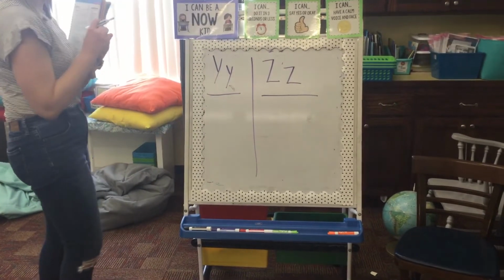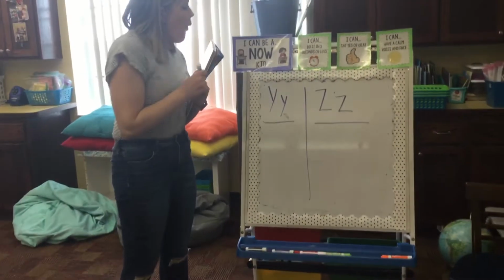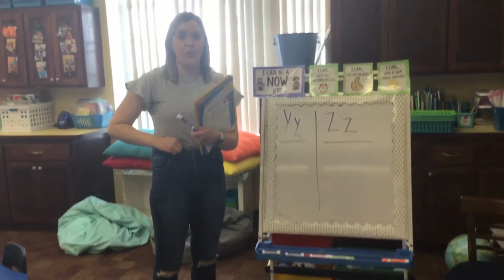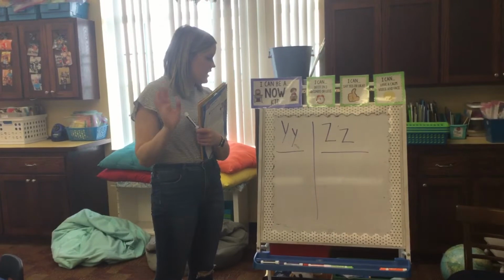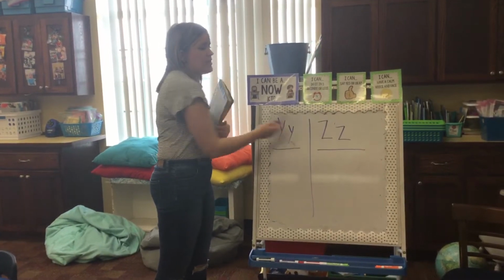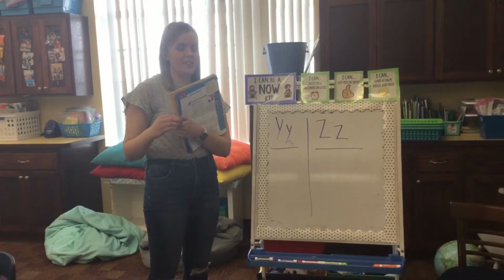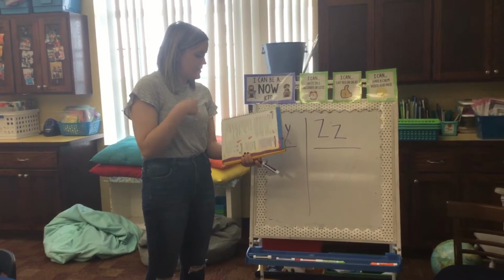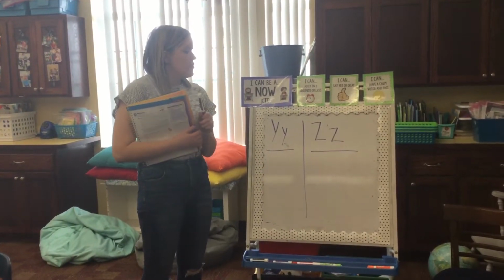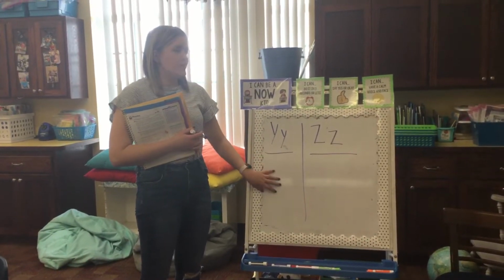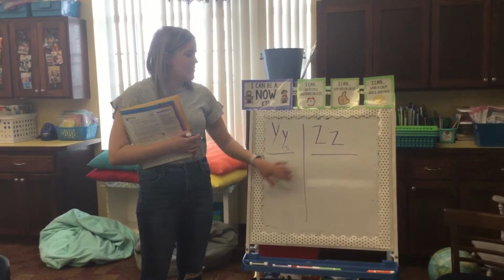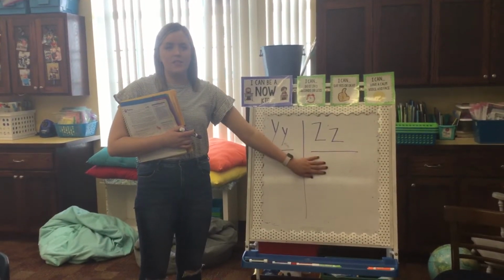We can think about what sound does Y make? Y makes the yeah sound. Y, yo, yeah. What sound does the letter Z make? Z, zipper, z. All right, so I want you to think about what are some words that start with the letter Y, and what words start with the letter Z?